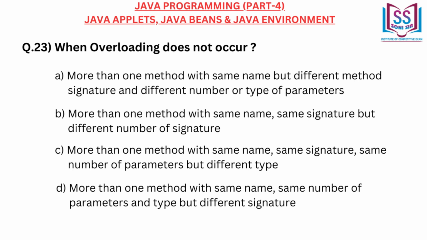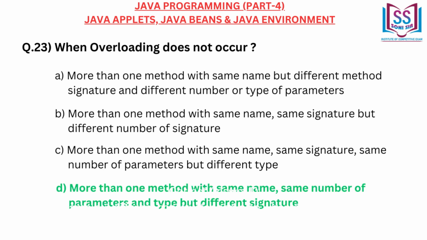D. More than one method with same name, same number of parameters and type but different signature. Correct answer D. Overloading occurs when more than one method with same name but different constructor and also when same signature but different number of parameters and or parameter type.